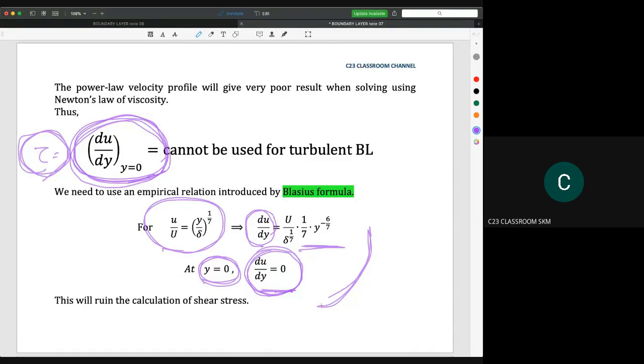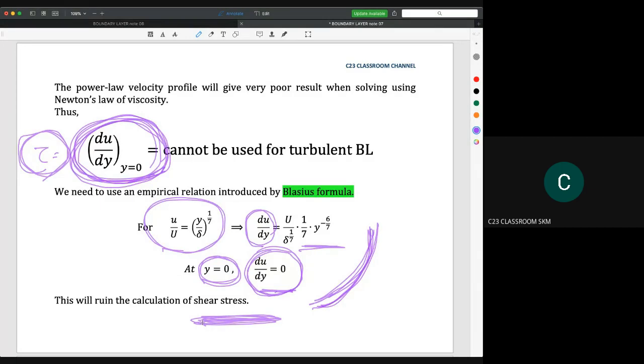So this actually contradicts the real condition, because this value does not represent the real situation. So we cannot use this equation to solve the turbulent boundary layer. I hope you will not use this equation. It is not because your calculation is incorrect. It is because it does not reflect the real situation.